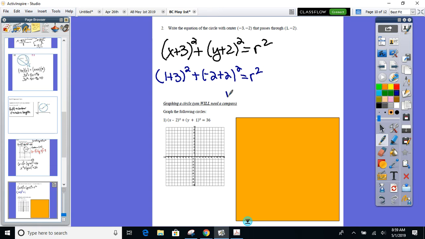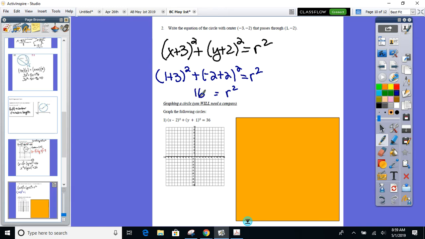What's that r squared value going to be? I get 4 here, 4 squared, 16. I get 0 here. So it's just r squared.